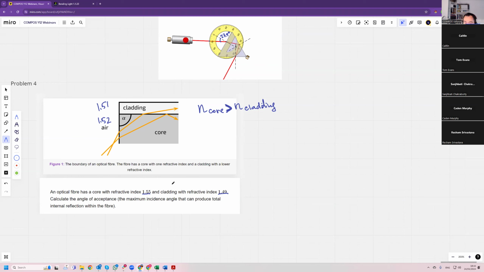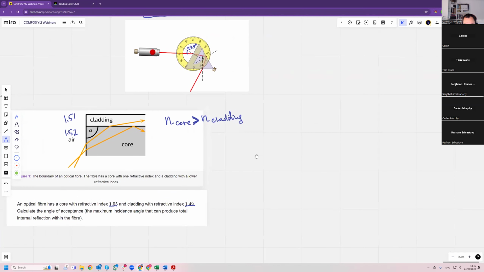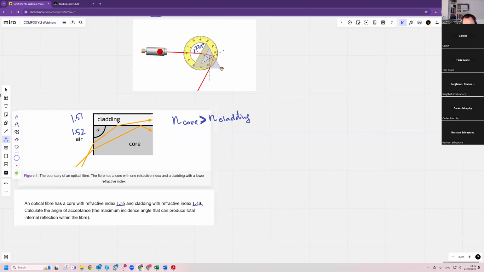The rays don't escape the cladding, but that actually means that they will, doesn't it? They will escape the cladding. No, they're not meant to. Then the rays are not meant to go into the cladding.